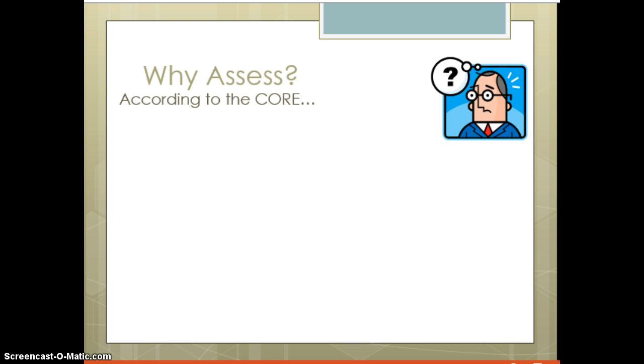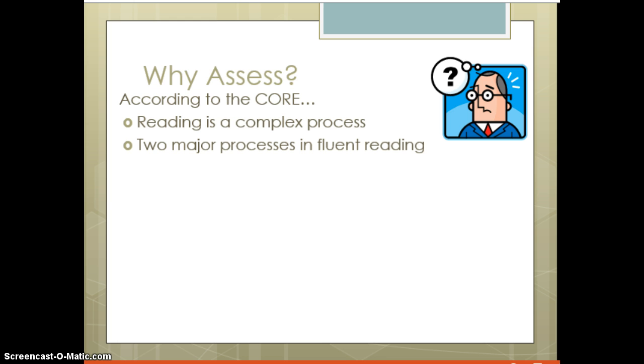So according to CORE, why do you assess? The reason they give you the variety of assessments that they do is because they believe that reading is a complex process. There are two major processes in fluent reading, the first being decoding and the second being comprehension.